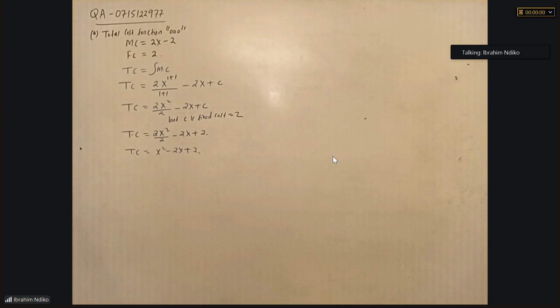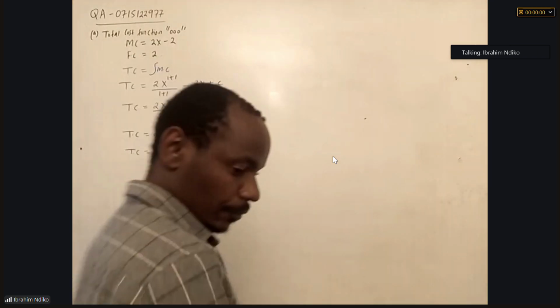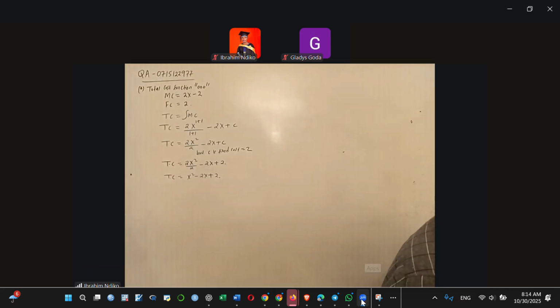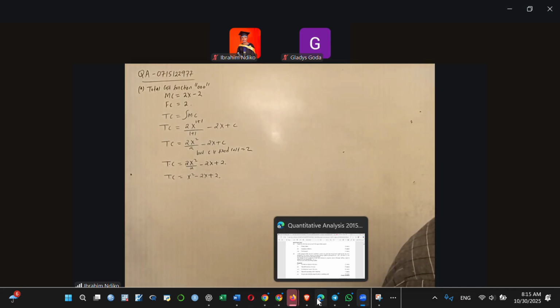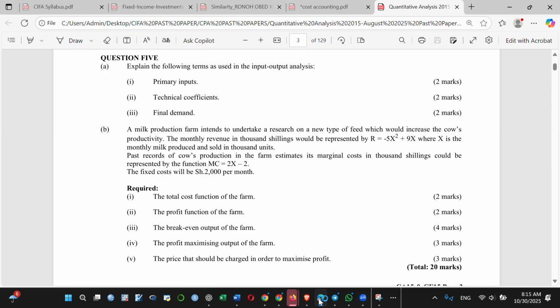Next, we need to get the requirement number 2 of the question. Number 2, we are to determine the profit function. So the profit function, that will be equal to what?